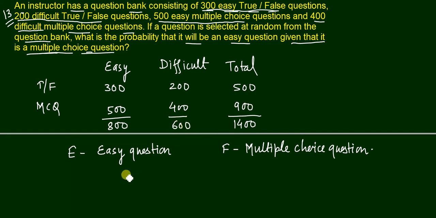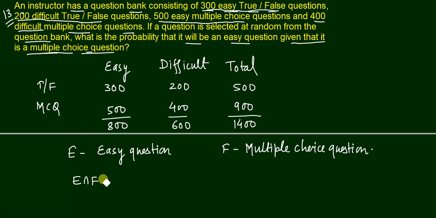So to find probability of E when F is already happened, we require E intersection F. E intersection F means easy and multiple choice questions. These are 500. 500 questions are common among both easy and multiple choice questions.